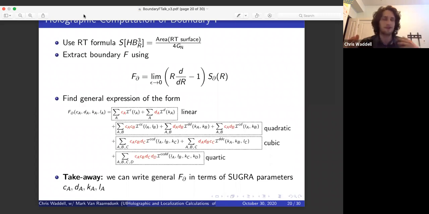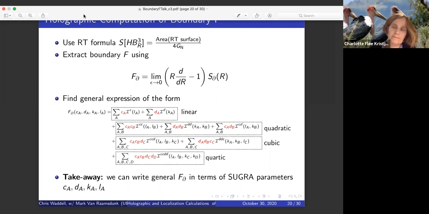We find, for example, in the case with Dirichlet boundary conditions, where we have a large number of D5s, that these corrections might be comparable to the leading term appearing in boundary F. Whereas for certain other boundary conditions, like a square root of N type scaling, they would generally be subleading. Okay, yeah. Okay, thank you.